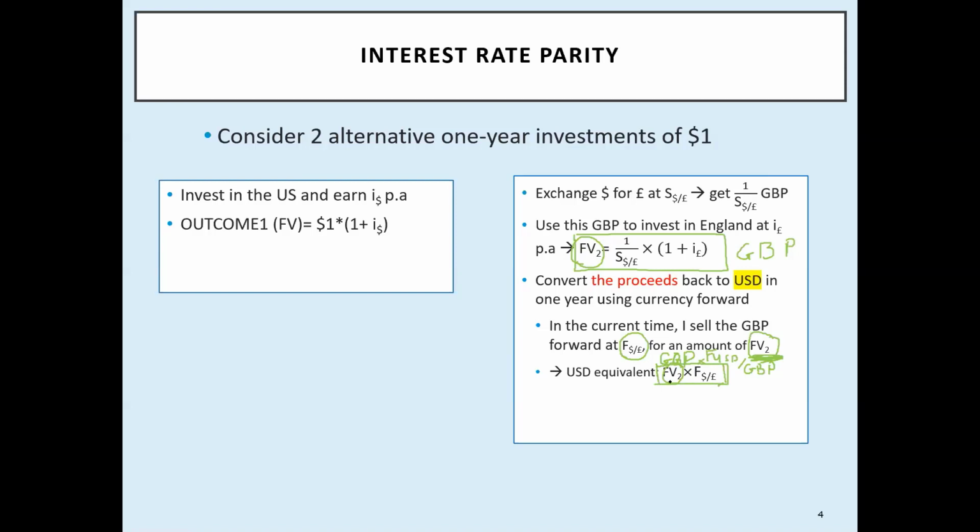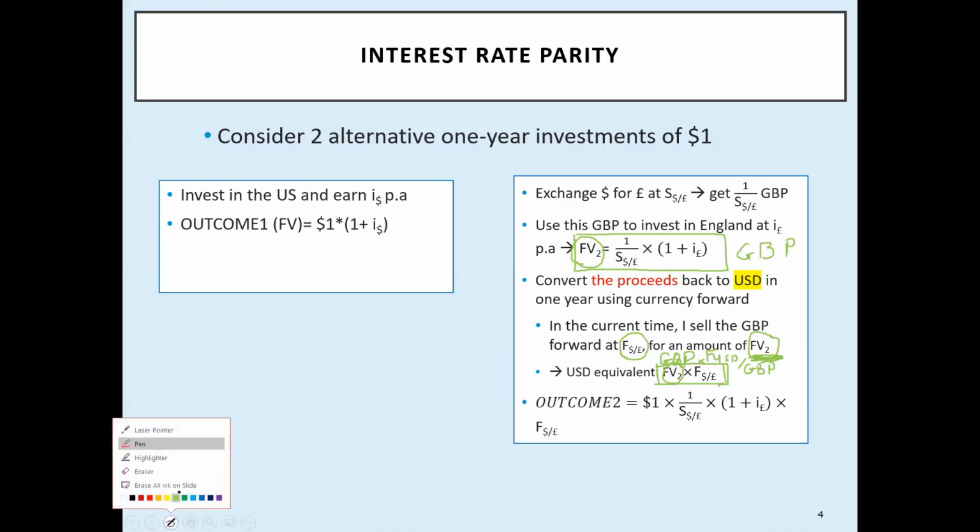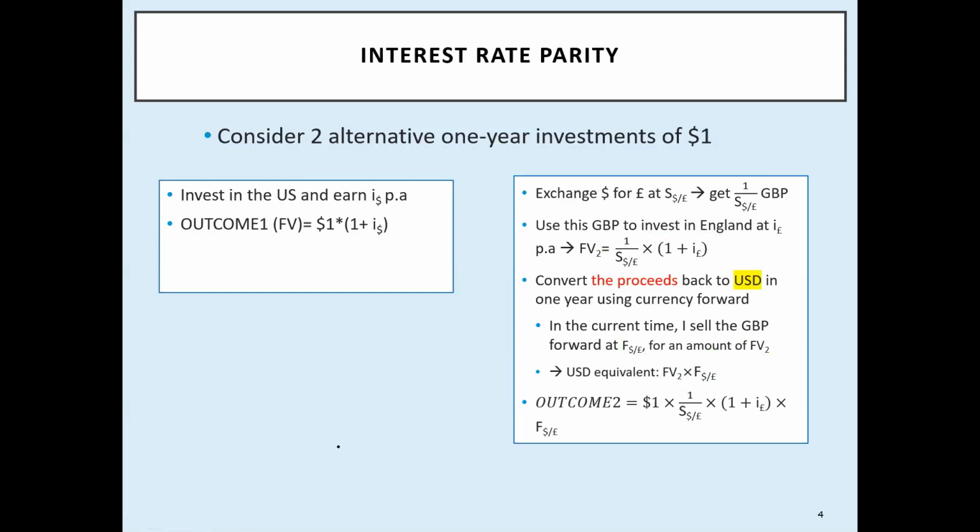So with the second option, my final outcome would be this much, okay? So here what I did was I just replace FV2 with this bit, and that will give me this final product, okay?